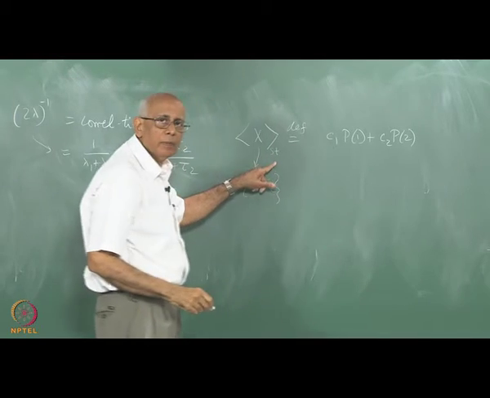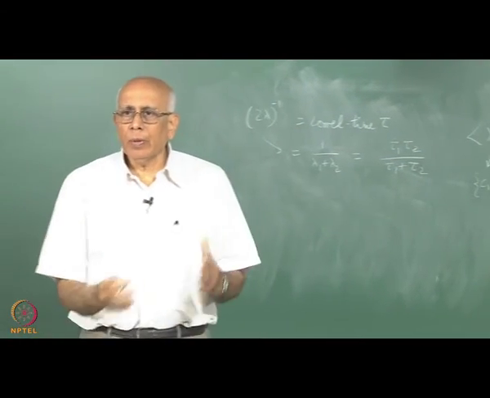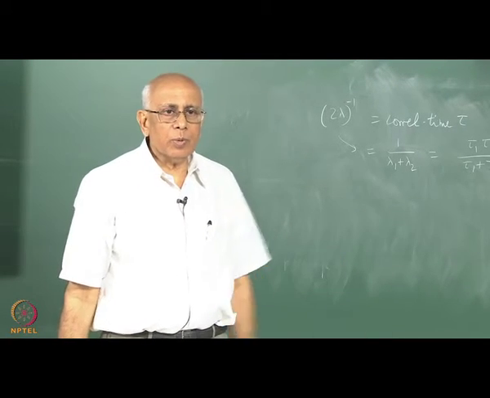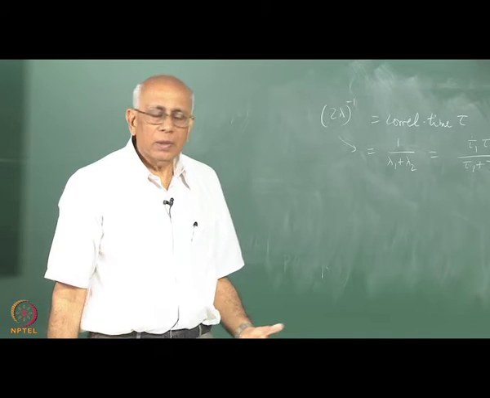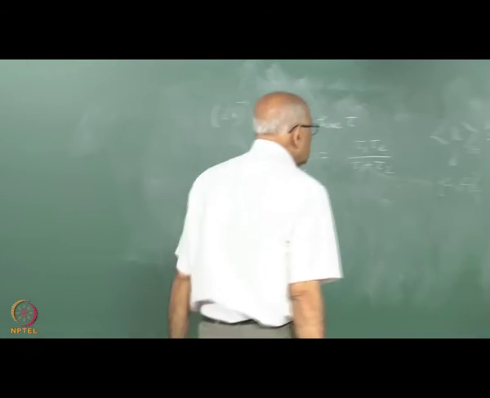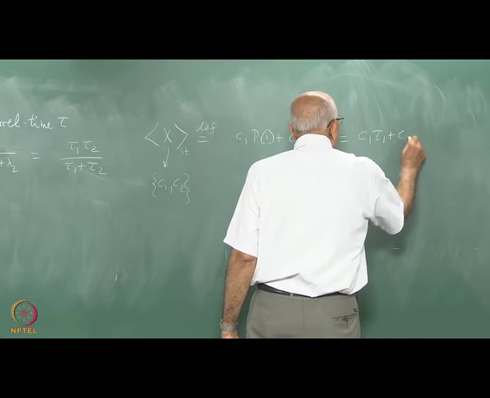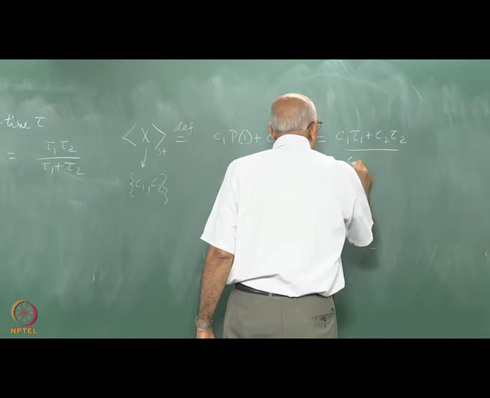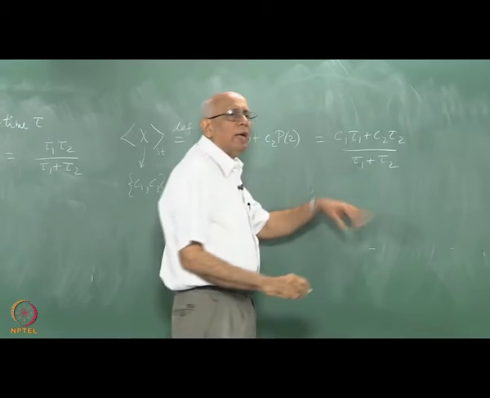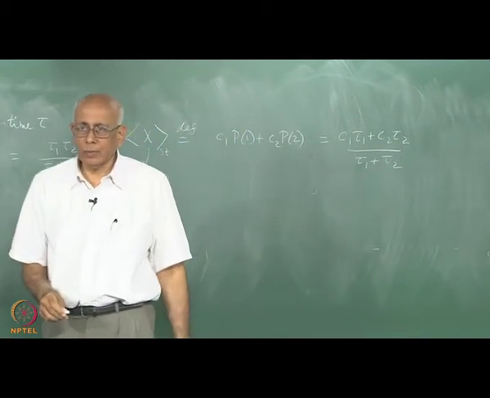The stationary, or t tending to infinity, average has got to be this, because P1 and P2 are the stationary probabilities and C1 and C2 are the corresponding values, therefore this is the weighted average and it is a normalized probability. And what is this equal to? Not surprisingly, this is C1 tau 1 plus C2 tau 2 over tau 1 plus tau 2, or in terms of lambdas it is C1 lambda 2 plus C2 lambda 1 over lambda 1 plus lambda 2.